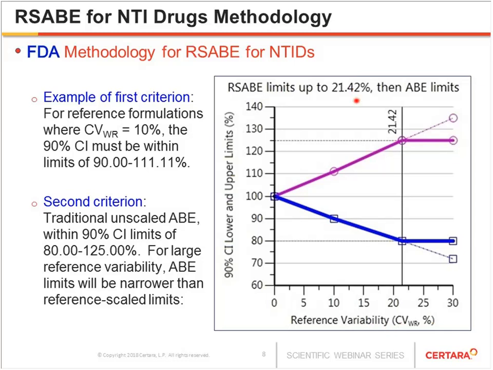And that threshold is at 21.4% CV for the reference product. And rather than following the reference scaling bounds, which, if we look at these extrapolated lines, keep going out and keep widening, they actually cap it at the ABE limits. So even though we're using the scaling when the variability is low, and again, this is based on the warfarin guidance, they are capped at the traditional ABE limits when we get high enough variability.